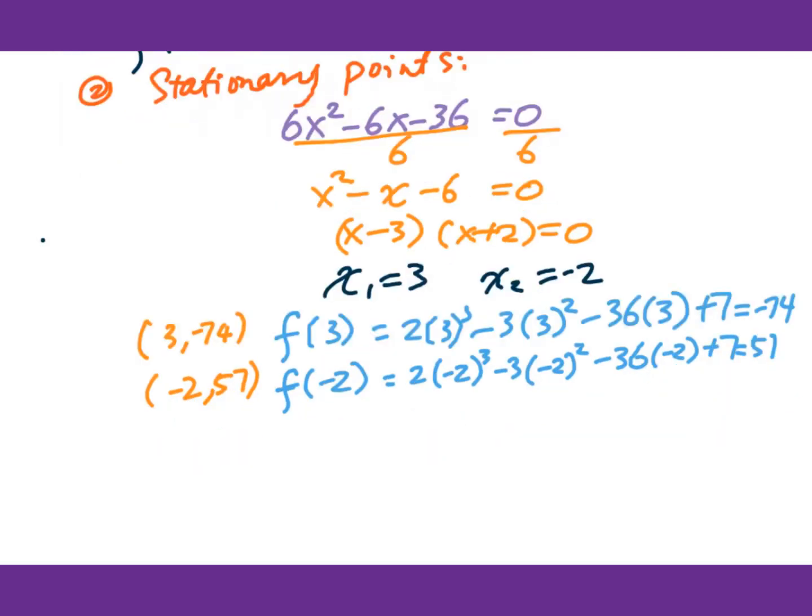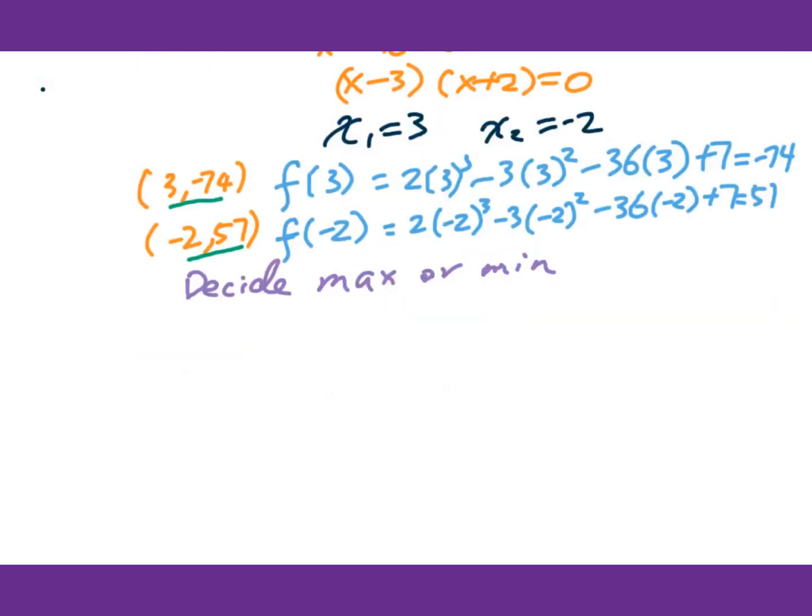Then you need to decide for these 2 points which one is a maximum point and which one is a minimum point. There are 2 ways to decide. First of all, we can use the first derivative f prime of x. We draw a number line. We have negative 2 and 3.